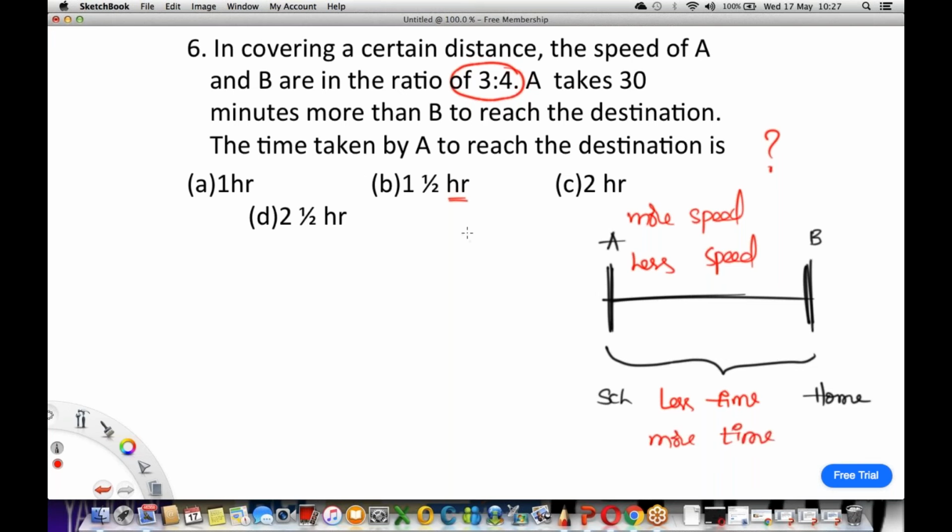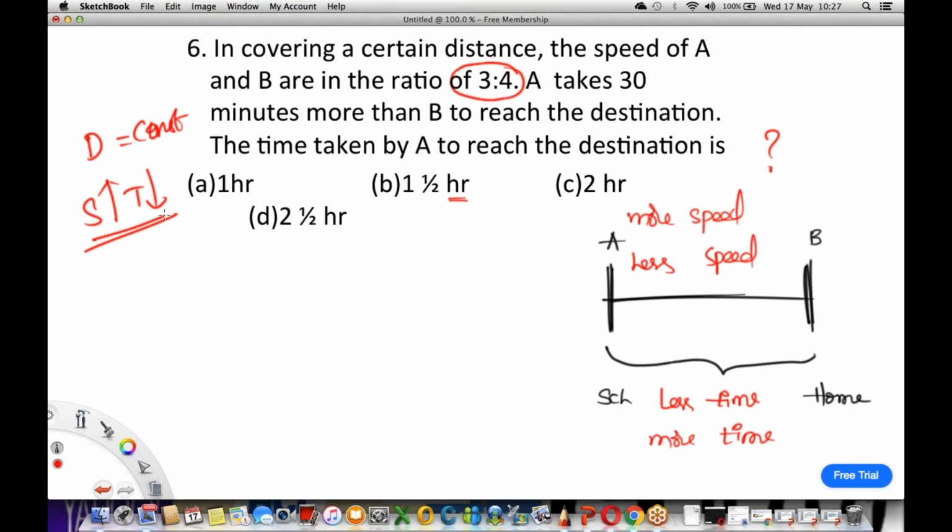So it's very clear. That means whenever you have the distance as the same or distance is constant, more the speed, less the time taken. That's a very clear point.